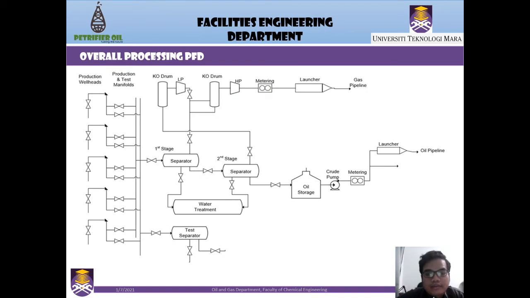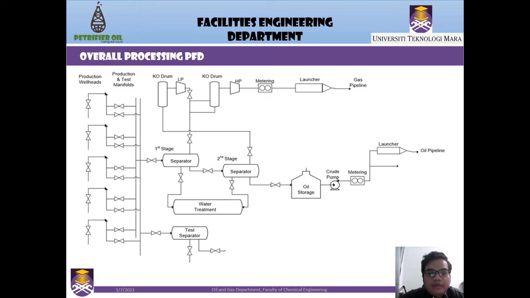Moving on, as we know, the well will be producing all three phases, which are gas, oil, and water. Hence, the processing unit has to accommodate processing all these three forms of hydrocarbons and water.